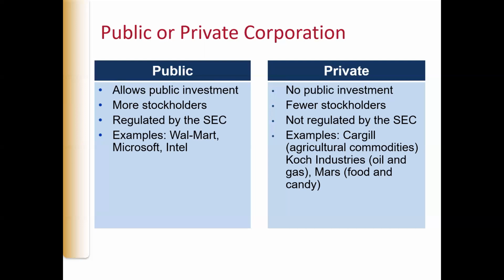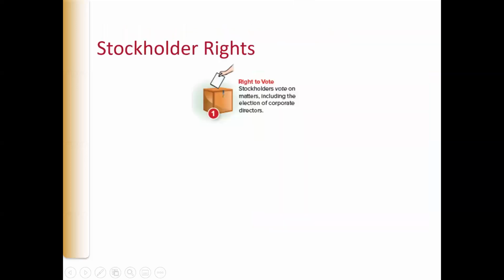Pretty much most of the big companies are public companies, but there are some really big private companies. The beauty with private companies is they are not regulated by the Securities and Exchange Commission. Cargill is a huge private company. Koch Industries, located here in the Twin Cities area, is also a private company.